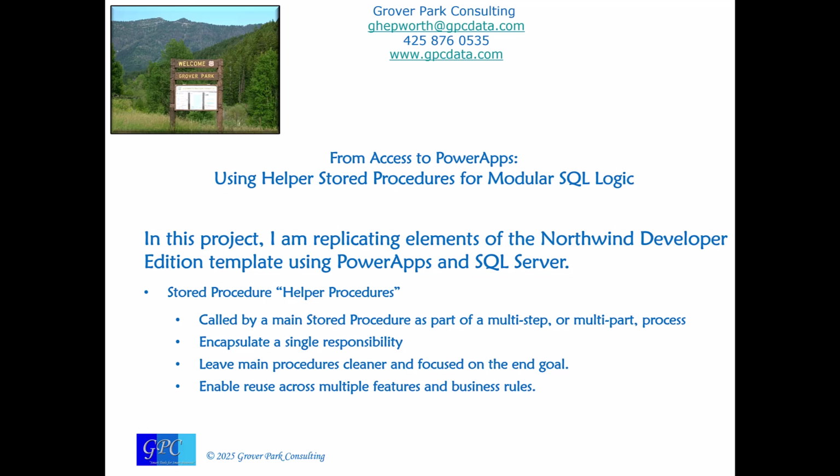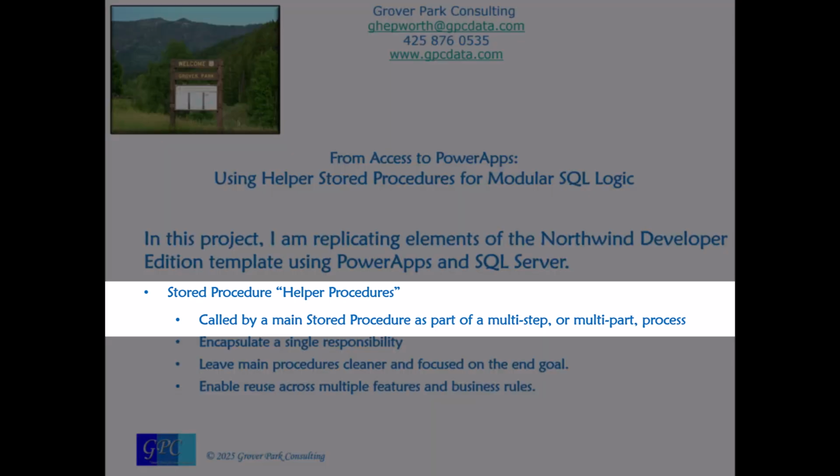Just like in VBA, where we break complex tasks into smaller, well-defined functions or subroutines, we can do the same in SQL Server using stored procedures. This makes each part of the logic easier to read, test, and reuse.